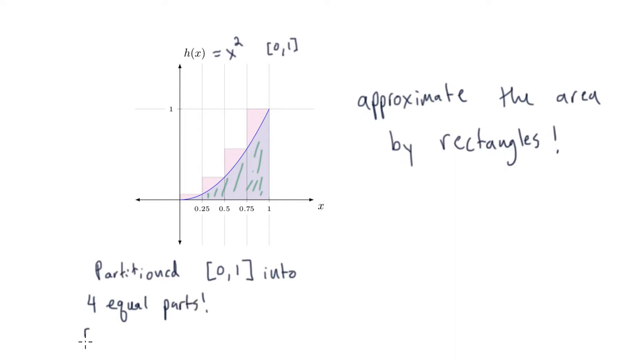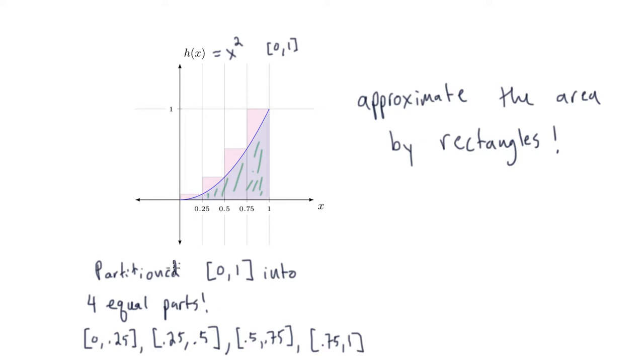So we have the interval from 0 to 0.25, the interval from 0.25 to 0.5, the interval from 0.5 to 0.75, and then the interval from 0.75 to 1.